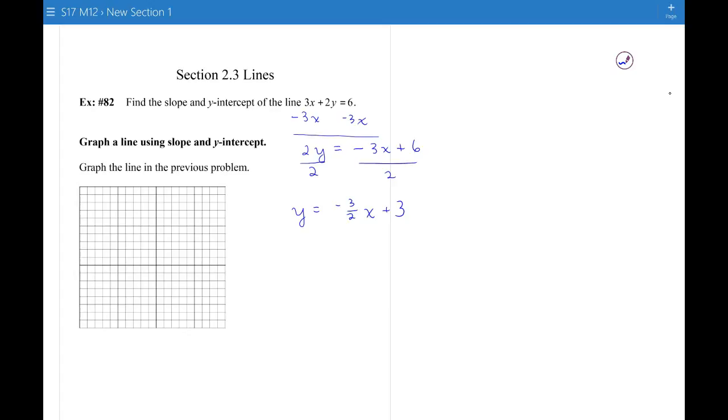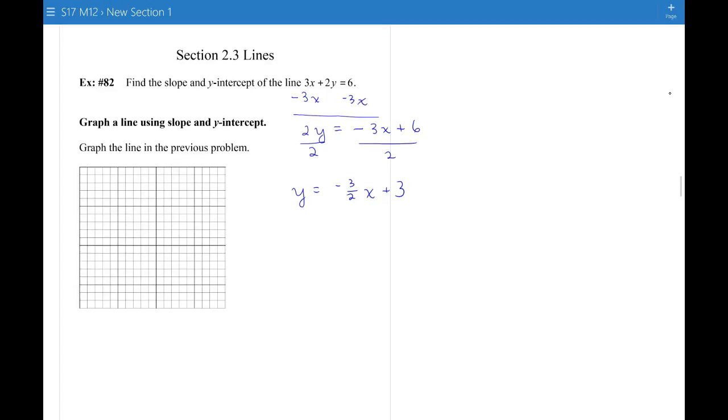And then we also need to know how to graph a line using the slope and the y-intercept. So we start at the y-intercept, remembering that this is actually the point (0, 3), and labeling our axes. So 0 in the x direction, 3 in the y direction.